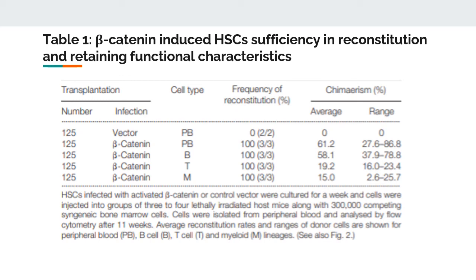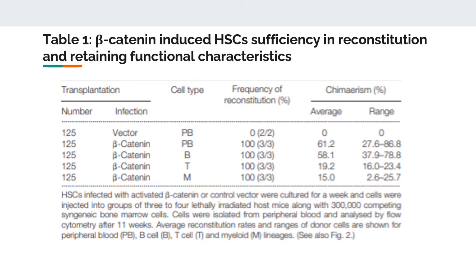And the researchers in this case wanted to know whether these cells are still functional HSCs. So to reiterate, the researchers took a mouse, irradiated it to a lethal level, and transplanted the donor cells that they isolated into the vector and beta-catenin mice.